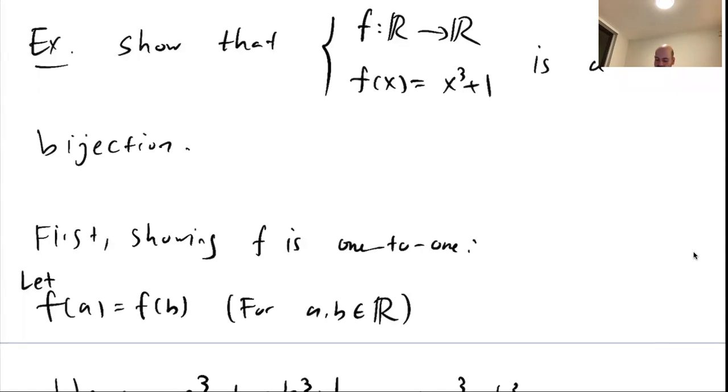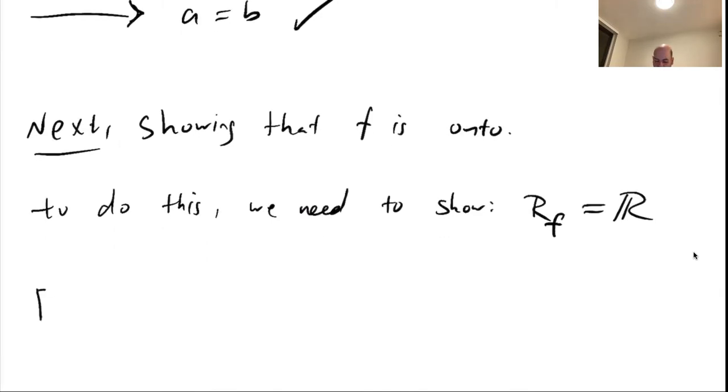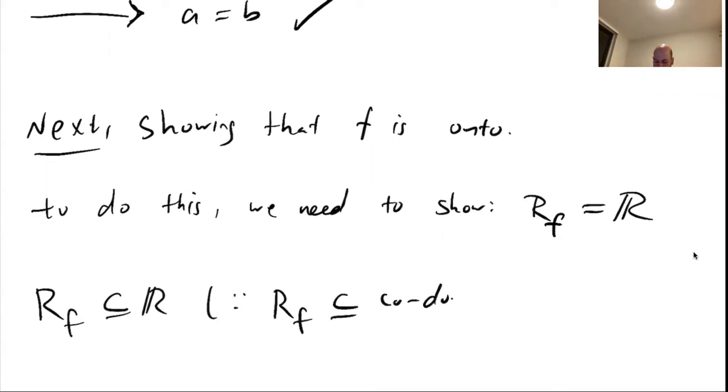So how can I show this? Again, you want to show two sets are equal. Of course, one direction is always valid, right? So the range of f is a subset of R. Please remember that the range is always a subset of the codomain, so this direction always holds.